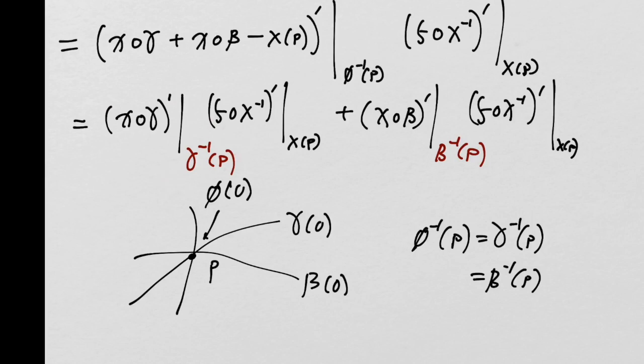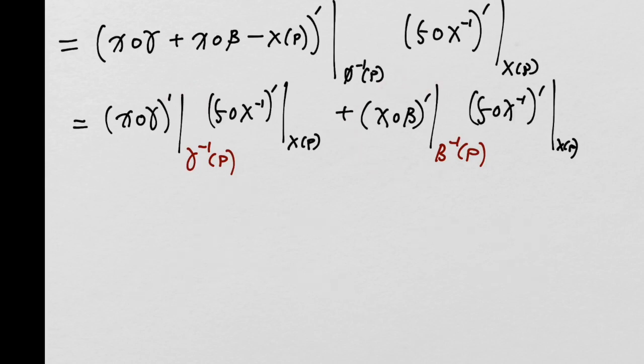Remember the directional derivative at the point P along the direction gamma involves this derivative with respect to the parameter evaluated at the inverse of that same curve at P. So now I've got that in both of these spots. So this literally does match the definition of directional derivative now.